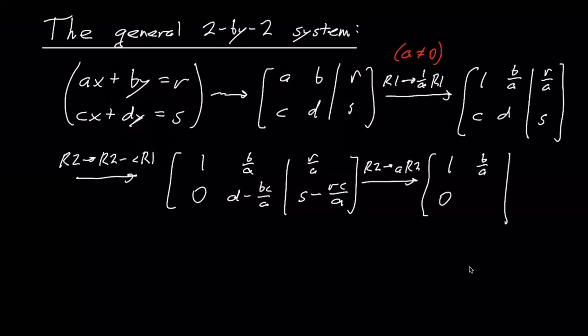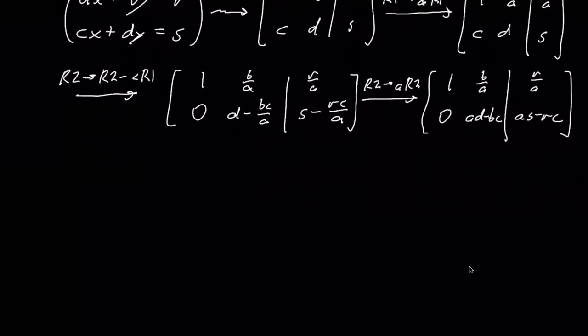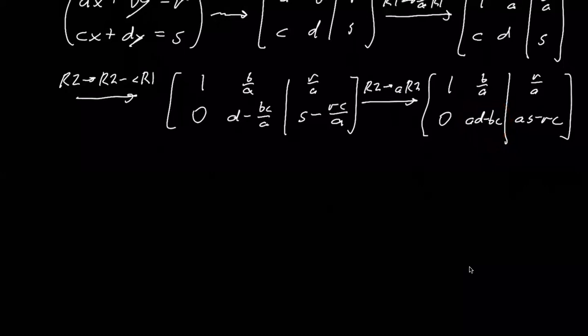We multiply through the second line by A, and we get AD minus BC here, AS minus RC, and this is still R over A. Then it's just nice to put a 1 right here, so I'm going to scale it down by AD minus BC, which also introduces an assumption that AD minus BC is not 0.